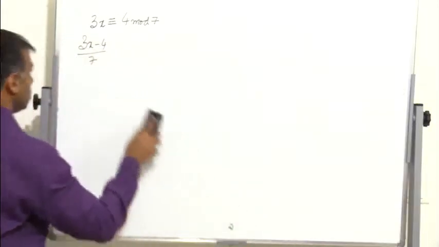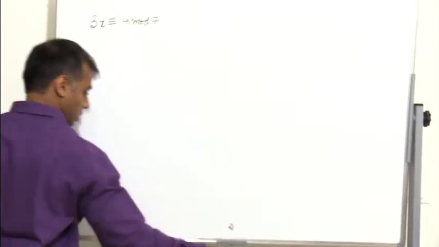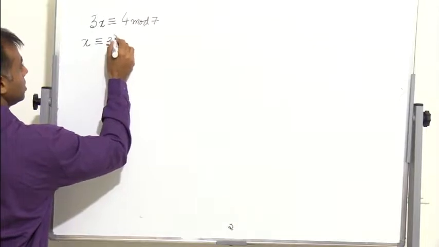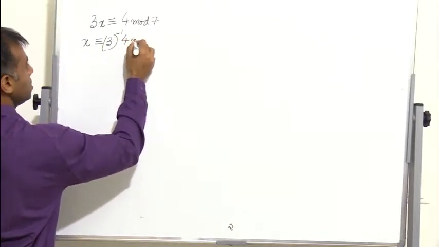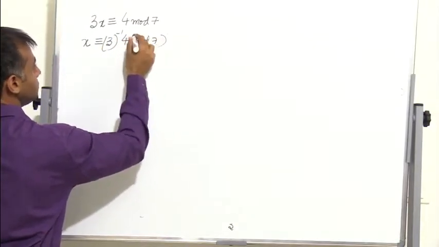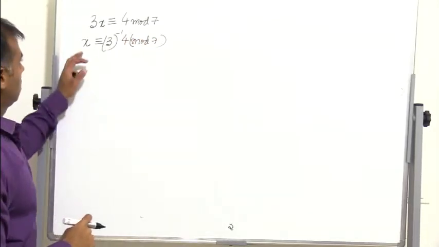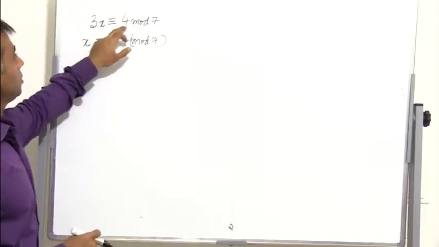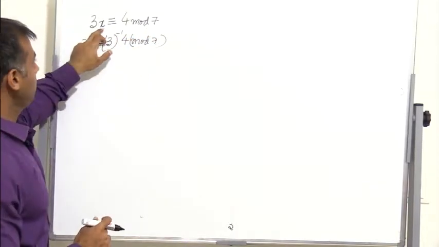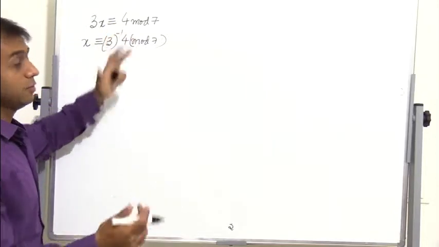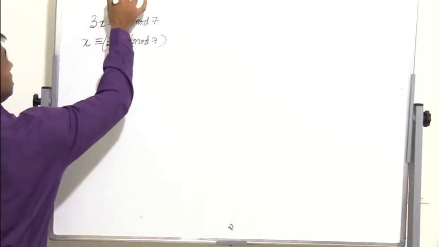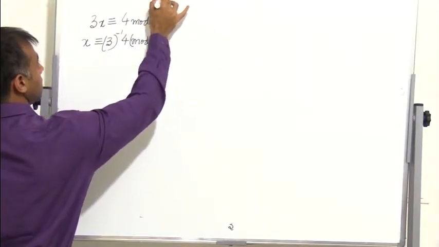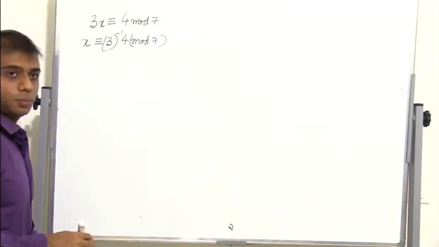So how do I find the value of x? Very simple, x is congruent to 3 inverse times 4 mod 7. Now in a general relation, if I have 3x equal to 4, I would write x equal to 4 by 3 when we are not operating in mod.